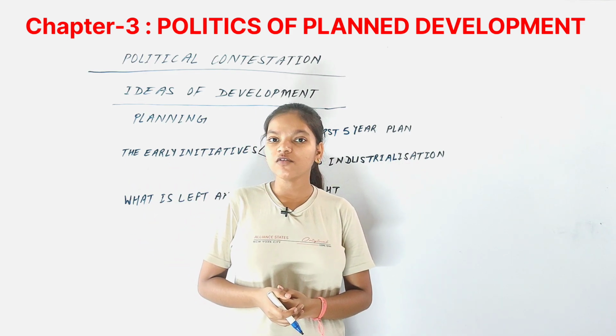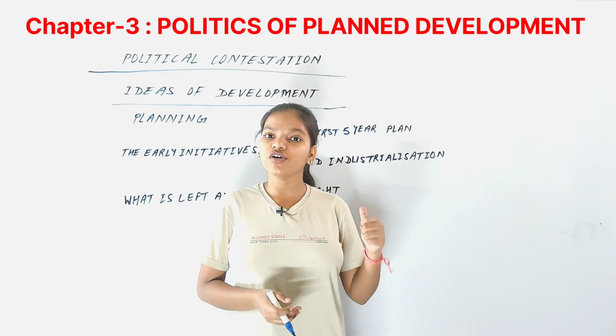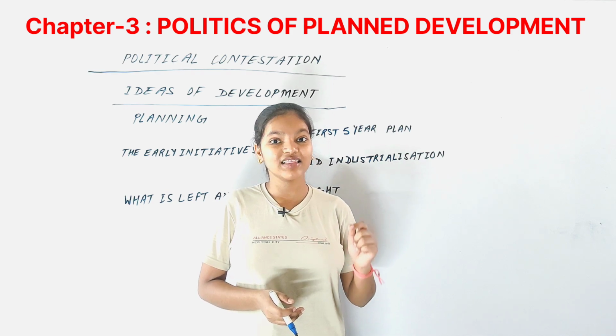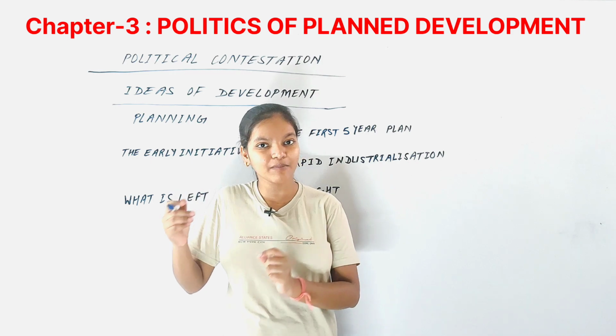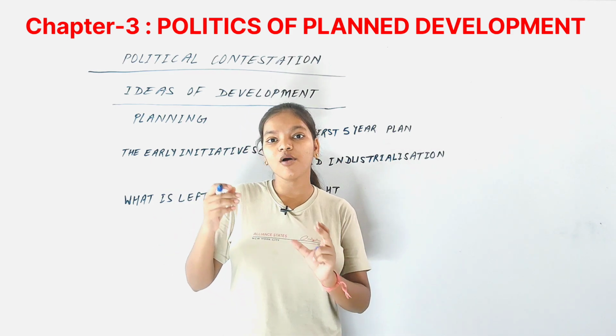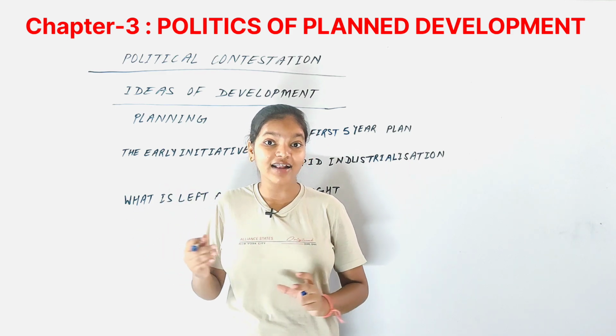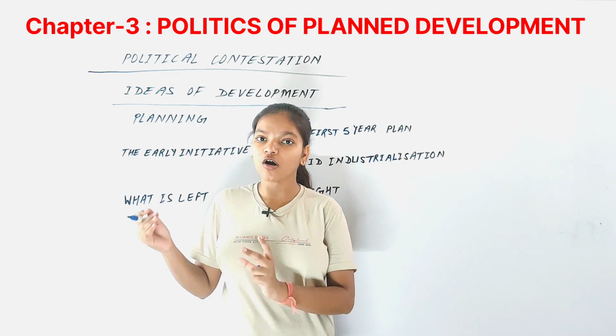Well, on the eve of independence, India had two options before it. One was the model of economic development in the European countries and the US, which was based on the idea of capitalism and liberalism. The second was the model of the USSR, which had seen social development based on a socialist pattern of the society.